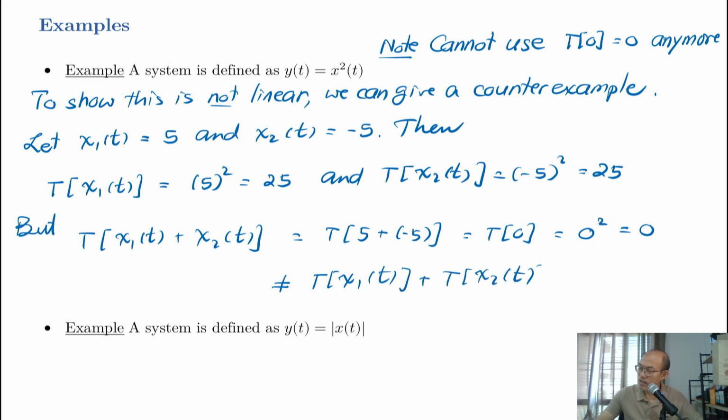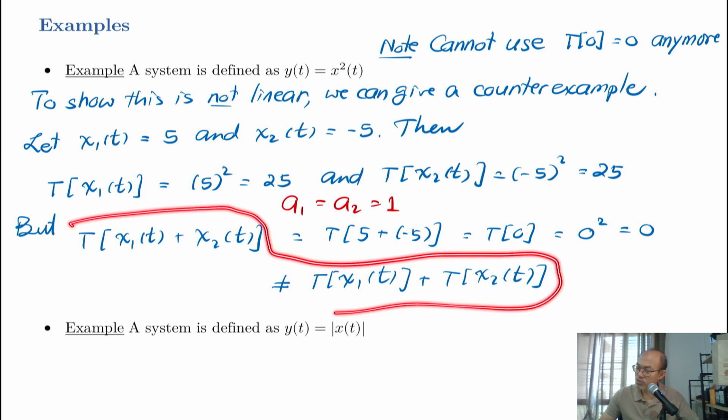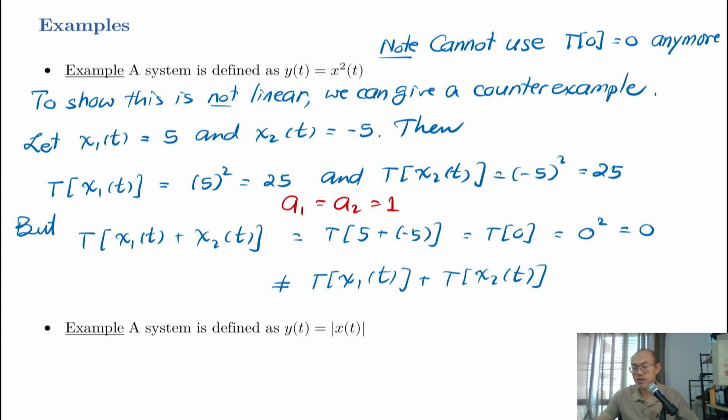I'm using a1 and a2 equal to 1 in this case. So now there is a case where this equation is not true. So this means that this system is not linear, because there is a case where the linearity condition is not satisfied.